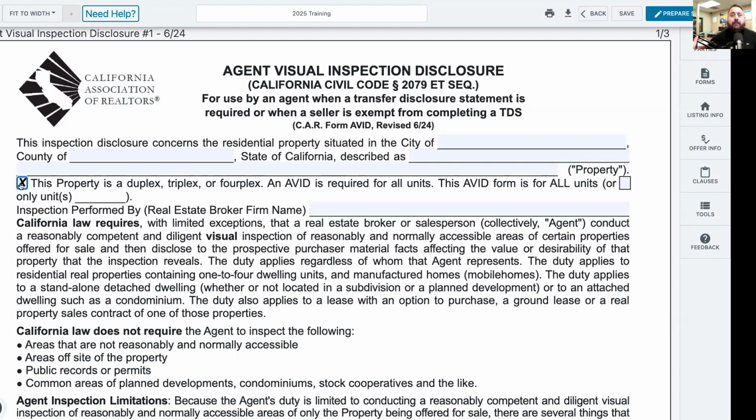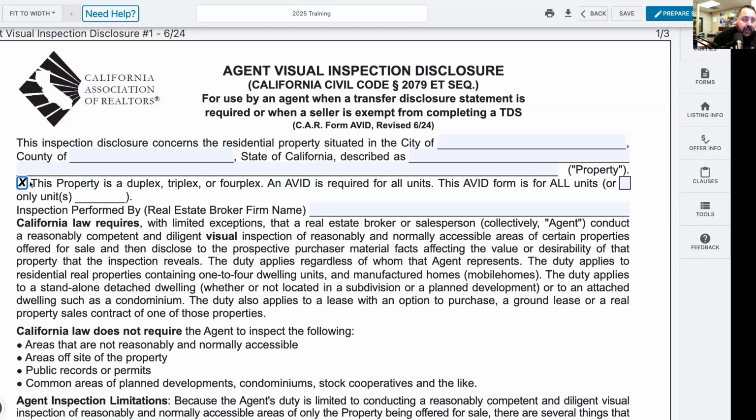It is a one building triplex, right? It's not separate units. It's one building with 3 units in it. I can do one AVID that is the entire outside of the building and the inside of one of the units. And then I would do 2 subsequent AVIDs for the other 2 units inside. I won't have to do the outside. I would just do the inside.